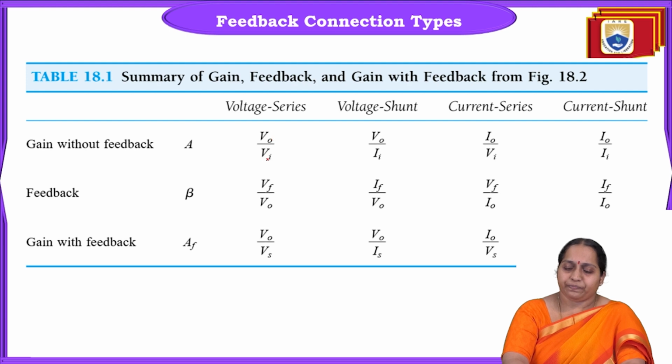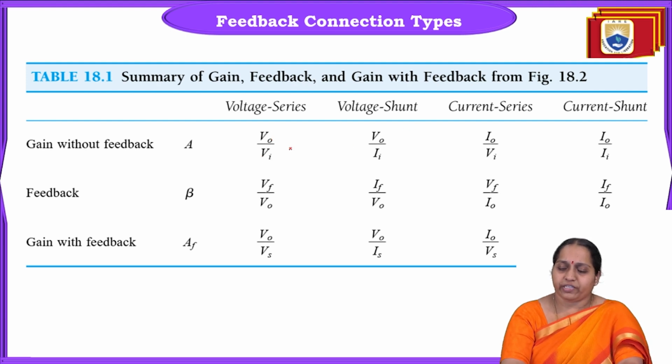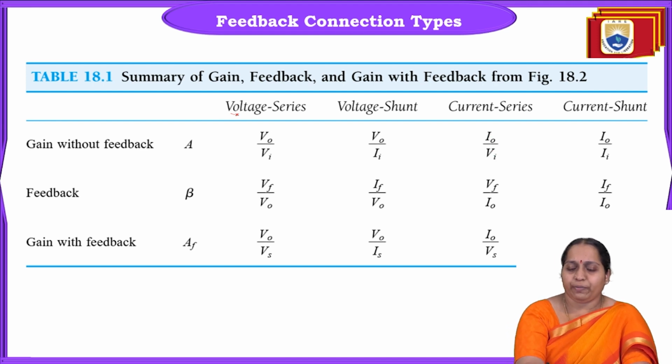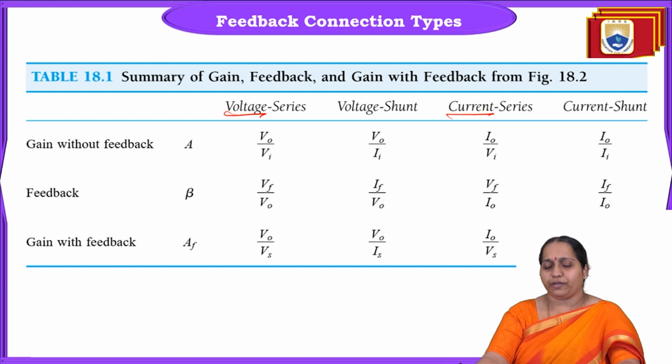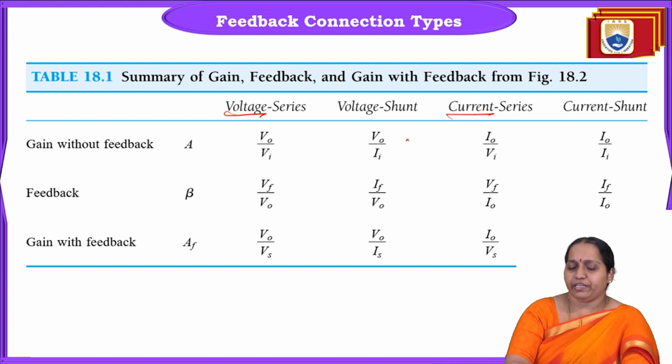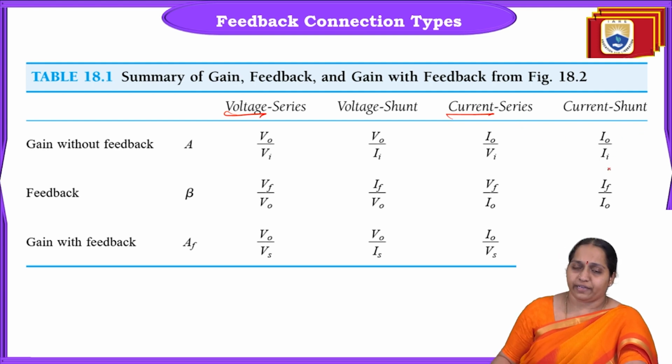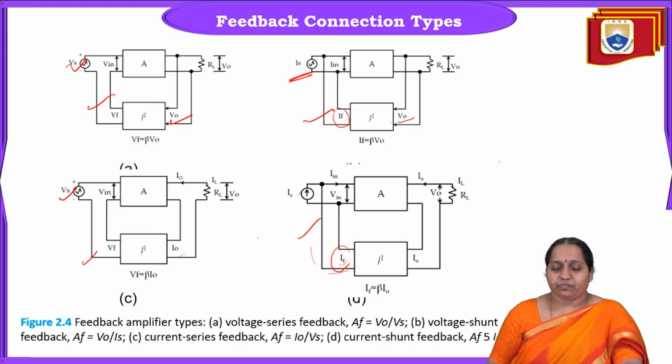Coming to voltage series and current series, the input will be Vi. The output will depend upon which signal you are taking as output. Okay. So it is Vo by Vi, voltage shunt it is Vo by Ii, current series is Io by Vi, and current shunt it is Io by Ii. You can just see here.